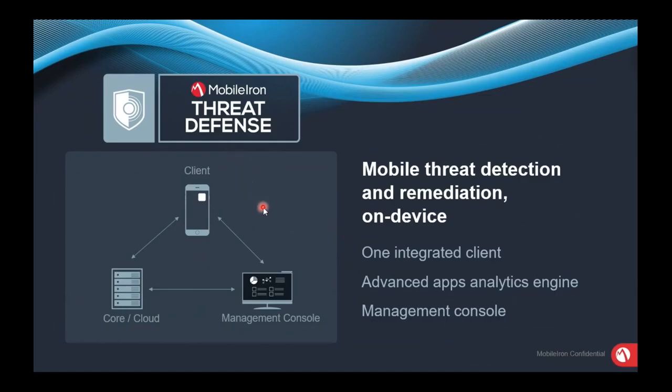So when MTD is in place, it will check whether the profile is really genuine or not. If it is not genuine, it won't even allow the user to install it. The moment the user tries to install it, it will give an alert saying the profile you are trying to install is not a genuine one, or it tends to be a malicious one, and it won't allow the user to install it.